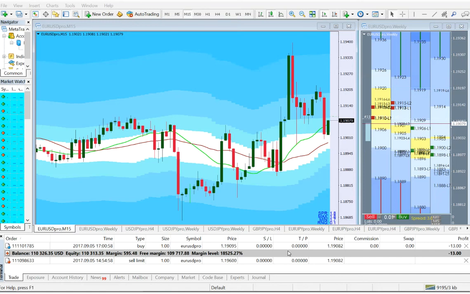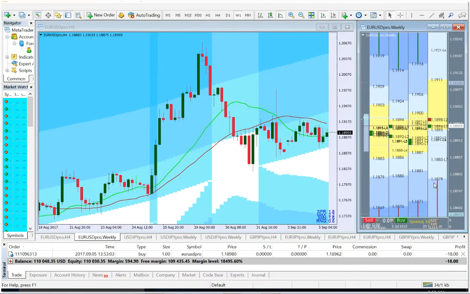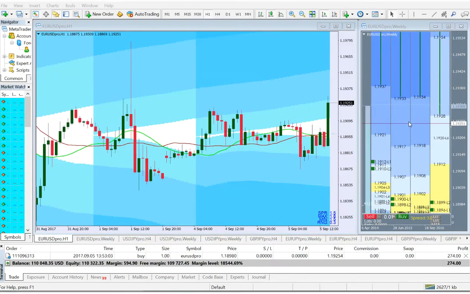And this is where I entered a second trade at 1909, because we had great support to begin the morning with all of our green boxes here, and then our price went up.